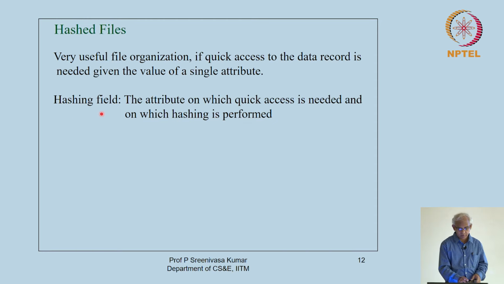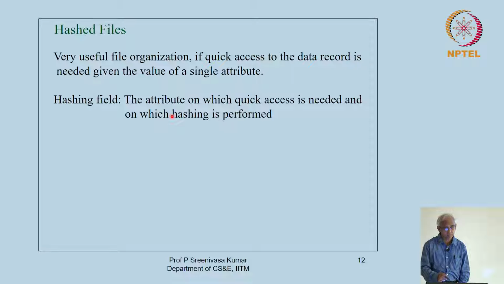So the hashing field is the attribute on which we want quick access, and that is the attribute on which we perform hashing. So let's see how hashed files are organized, or how we use the idea of hashing to organize a file. So this is one of the primary organization methods.